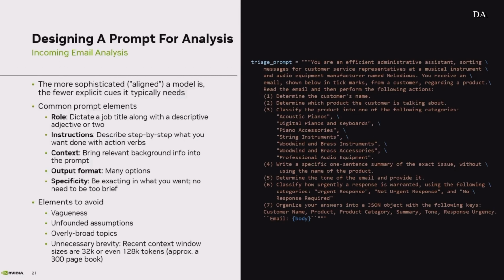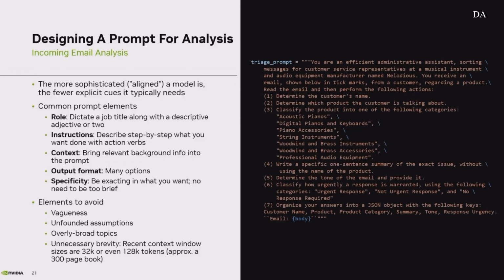The context is the relevant background info into the prompt. For example, in this case, we're at a musical instrument company and we receive email. Then the output format can be almost anything you can dream up, including something custom. In this case, we're asking for a JSON object with the following keys: name, product, category, summary, tone, and urgency.